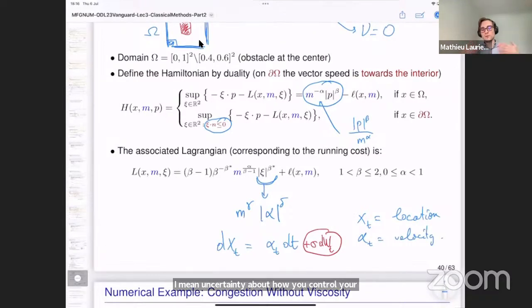Maybe you make some effort to use alpha as a velocity, but in practice, because of physical effects, you don't have velocity exactly alpha. You have some small perturbation, right? So in real life, I think the viscosity should be very small, or maybe even 0. But mathematically, it's usually very convenient to work with viscosity because it makes the solution smoother.